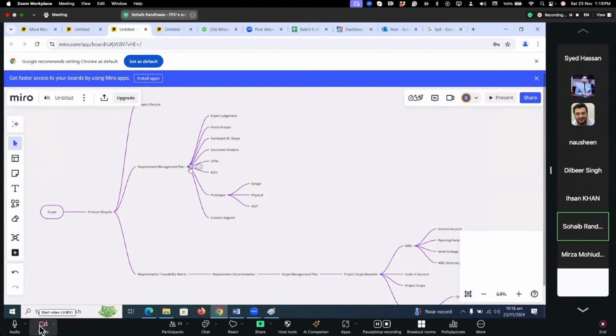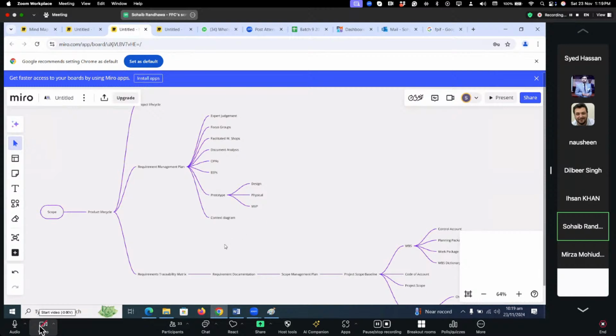The requirement management plan gathers all information from the same stakeholder techniques that we studied earlier: expert judgment, focus groups, facilitated workshop, document analysis, OTS, and EEF. And then we have a prototype. From this, we also get requirements for the scope, design, physical, and MVP, minimum viable product. And then we have a context diagram. These all give the requirements, and we put them all in the requirement management plan, which is for the product.